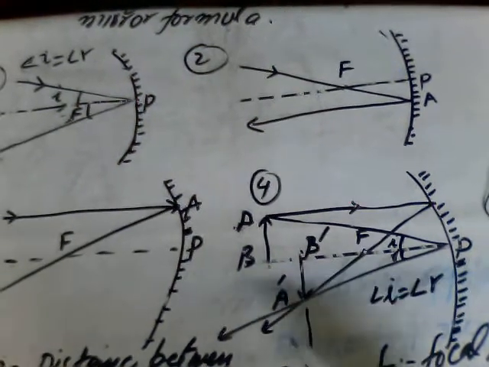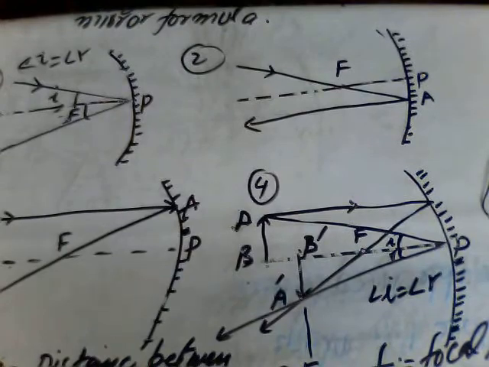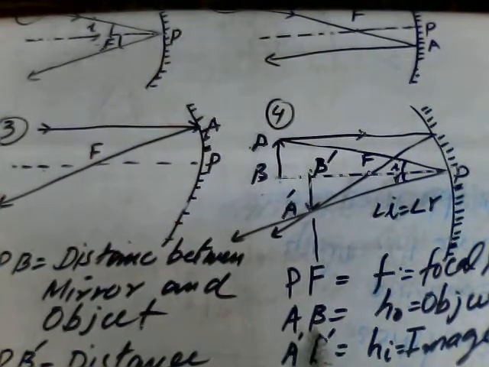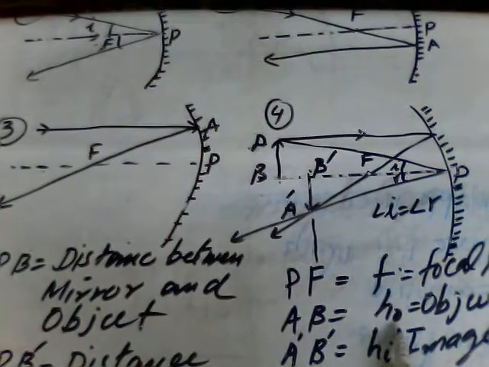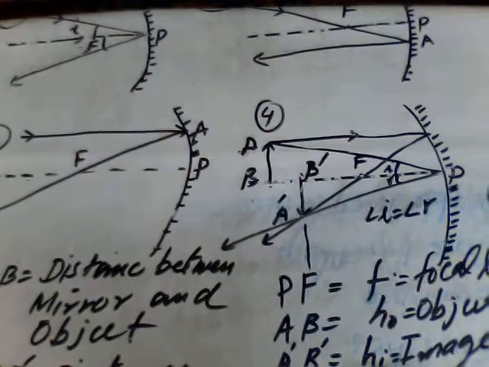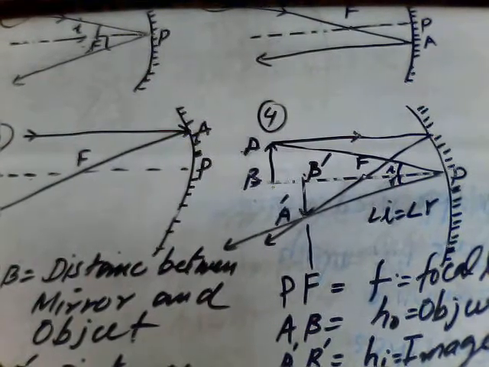Here AB is the object height, as I have shown on the board. AB is HO, height of object. A dash B dash is the inverted image, and it is called image height or height of image.